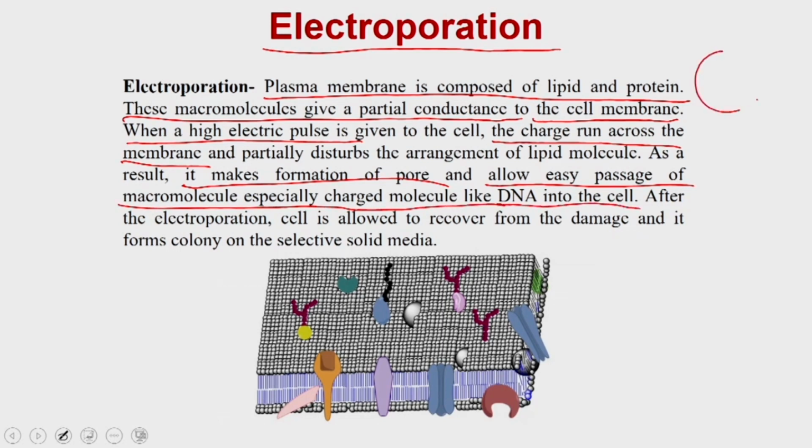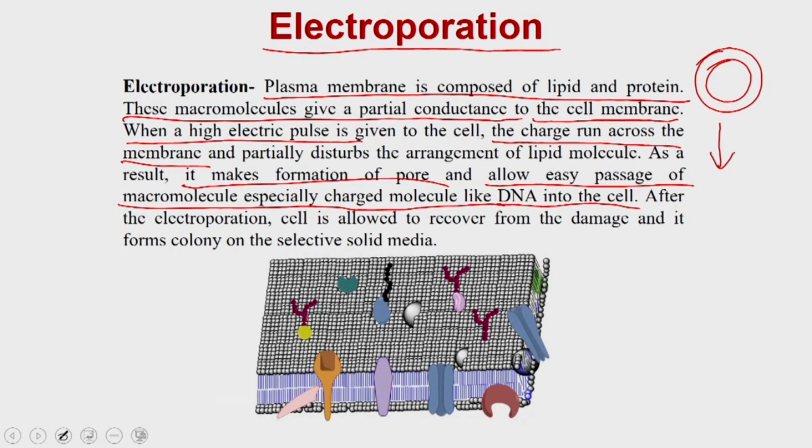So, this is the plasma membrane, which has proteins and lipids, and because of the protein and lipid it has some charge. But when you provide a charge to this, it swells and forms some kind of pores.